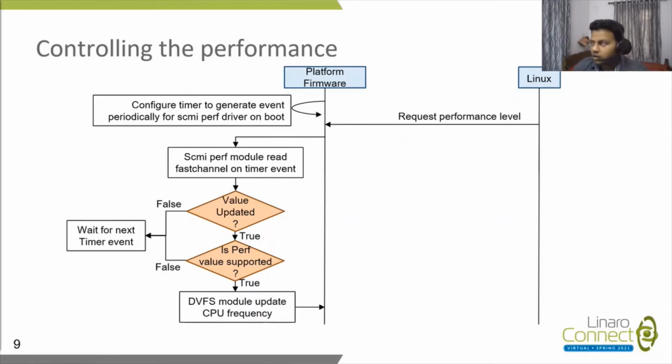The OS writes to that shared memory, and whenever the timer event is generated, the SCMI perf module will read the fast channel, and if the value has changed, it will inform the DVFS module, and the DVFS module will configure the operating frequency as well as the voltage of the AP core if the performance requested by the OS is supported in the platform.